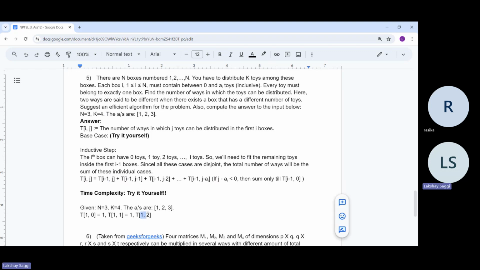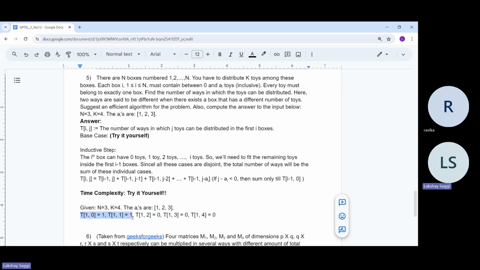So if there is one box and there are two toys, then we can't fit these two toys into the first box, because the first box only has a capacity of 1. So there will be 0 ways to fit in these toys. Similarly, T of 1 comma 3 will also be 0, and T of 1 comma 4 will also be 0. I'm taking till 4 because we have a total of k equal to 4 toys.